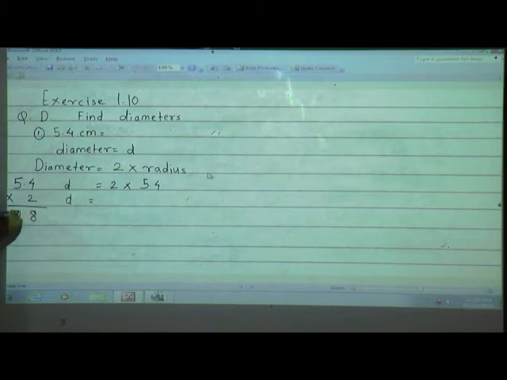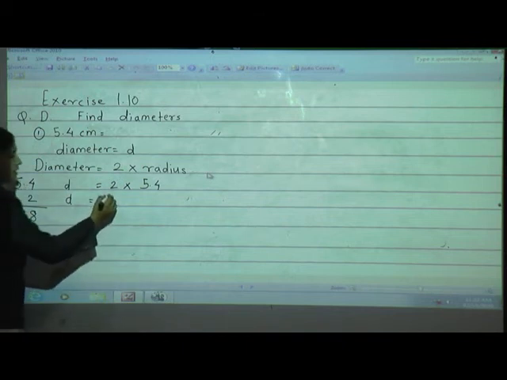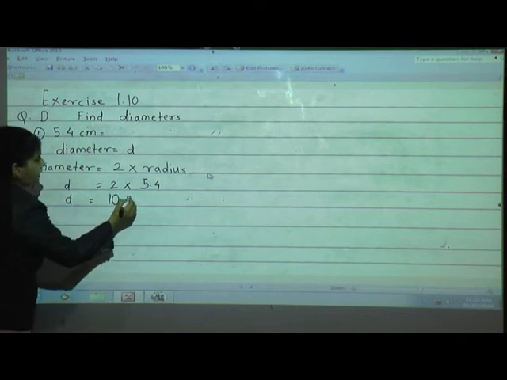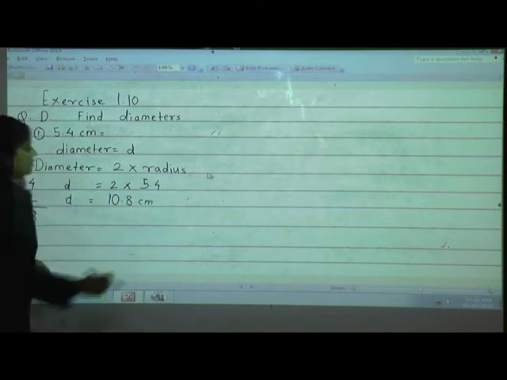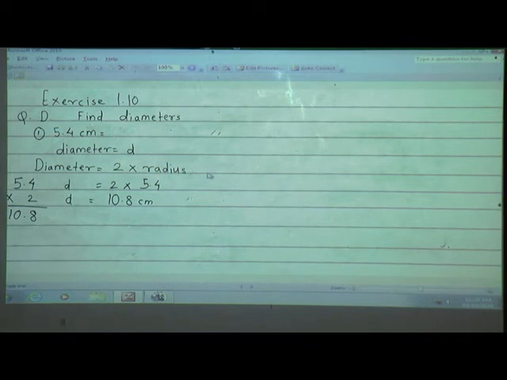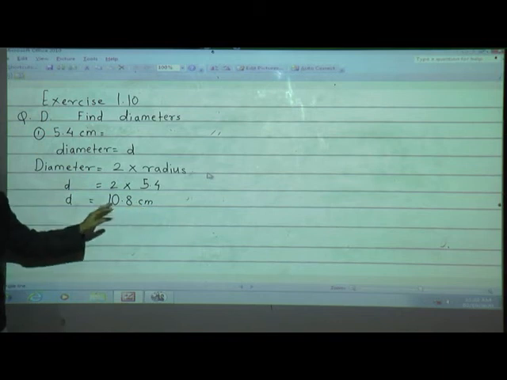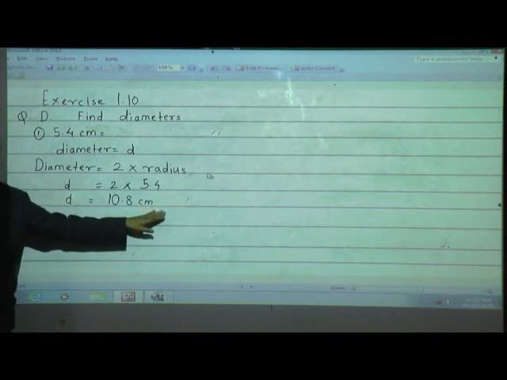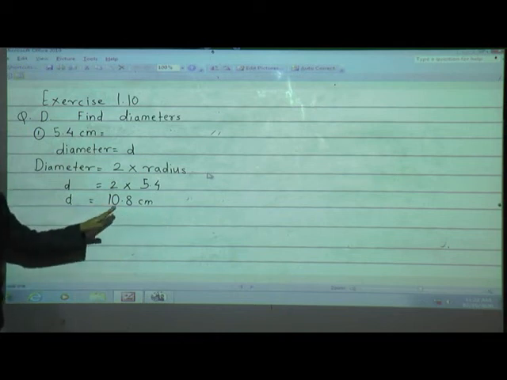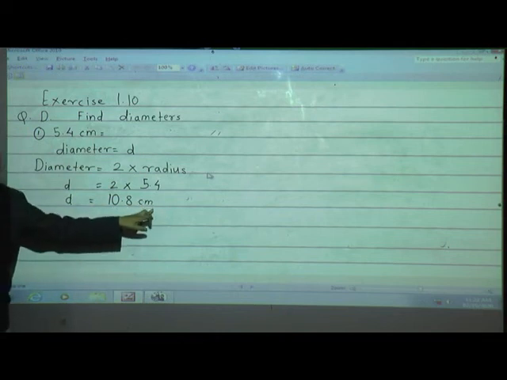And put the point here. So the answer is 10.8 centimeter. Students, make a note that you should not forget to write the unit. You may make mistakes. We will write the answer, but we will forget to write the unit. Then it is meaningless. You have to write the unit also.